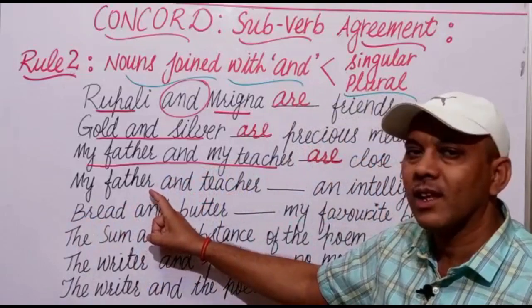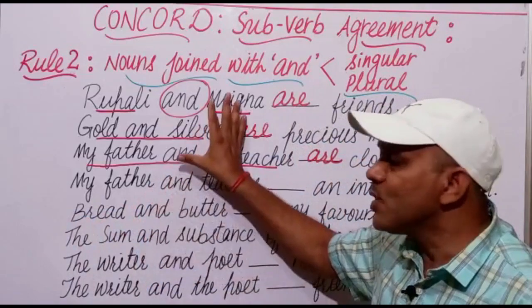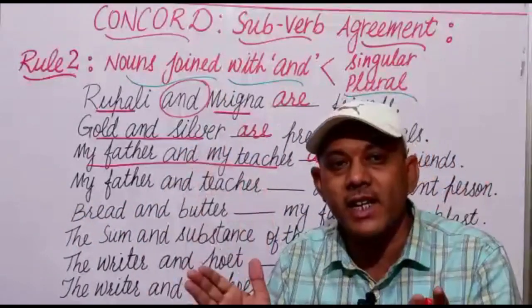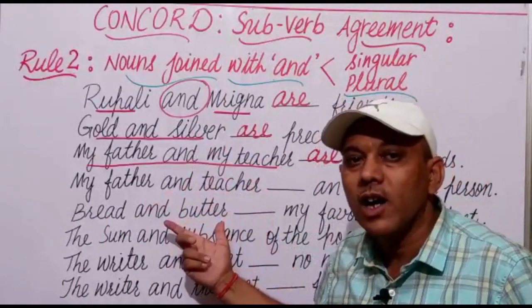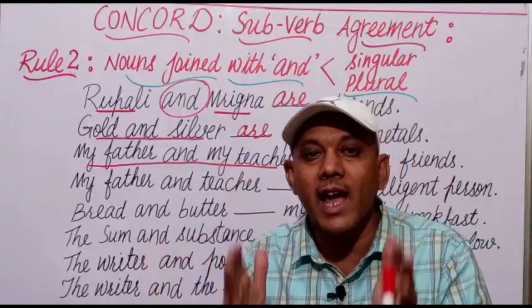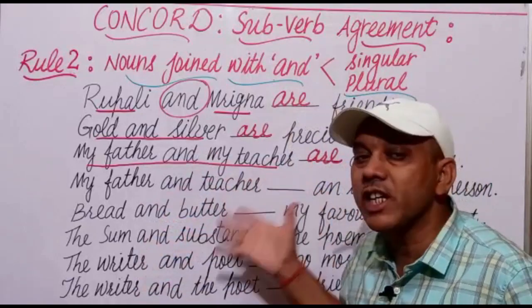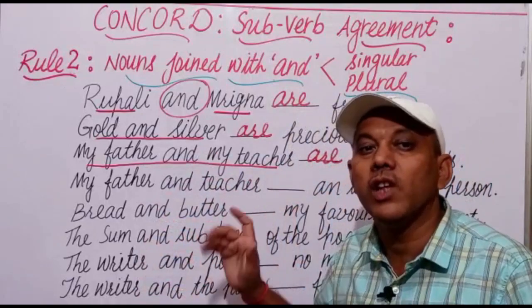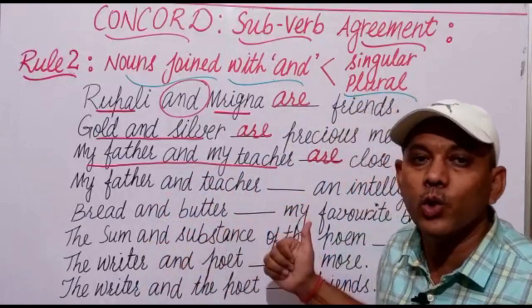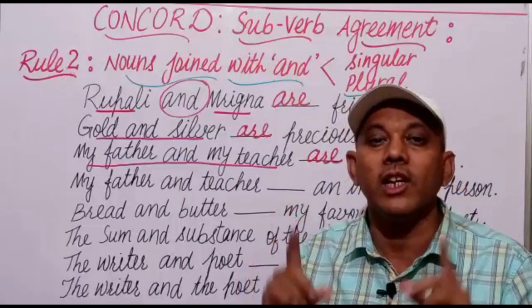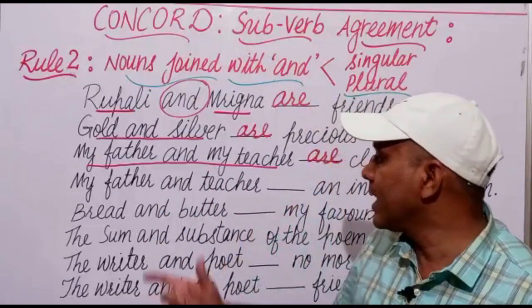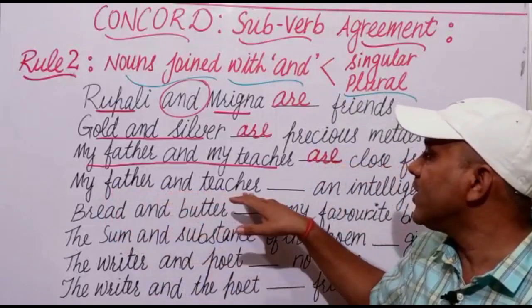Next is now. This is not always true. In some cases, nouns or subjects joined with and seem to be plural, but they are singular, and we use a singular verb with them. For example, my father and teacher.